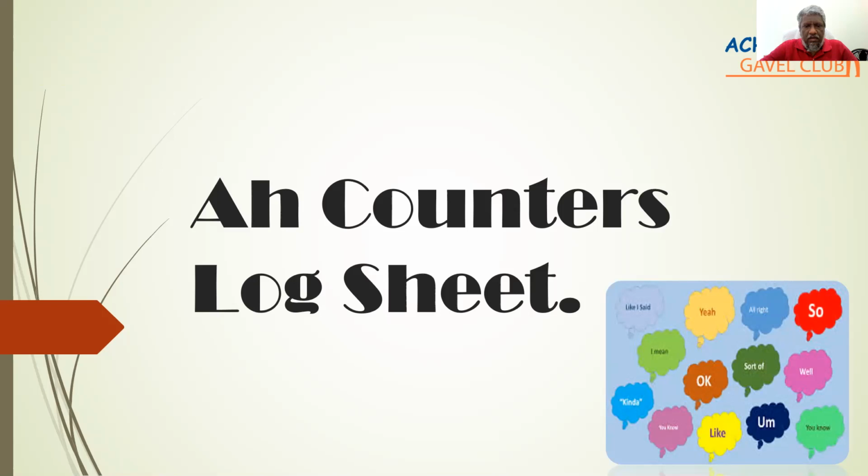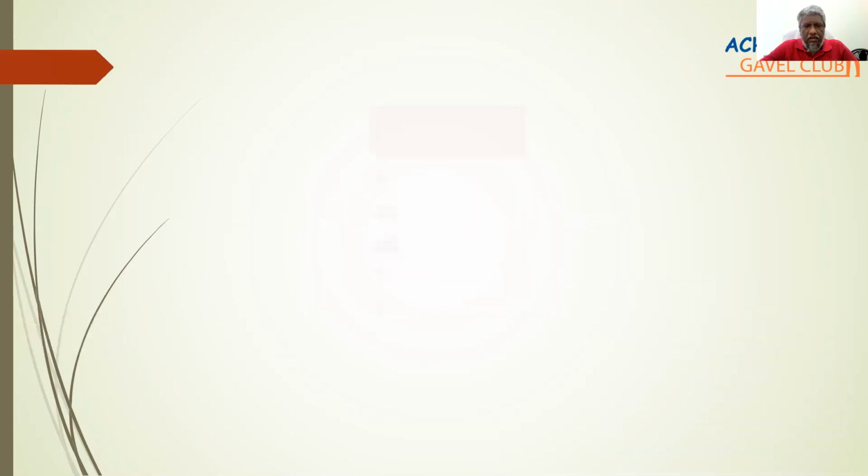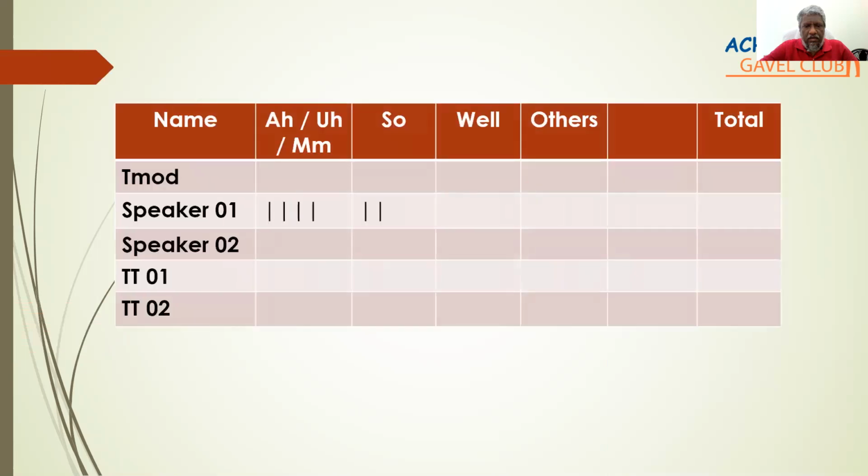See, this next sheet you can make clearer in a better way. Like this, you can write on the top all the filler words, this side the speakers and role players, whoever it is, and you can note down how many times they are using. Just put a line only, so that at the end of the meeting, when you are called to report, you can just count and tell quickly.